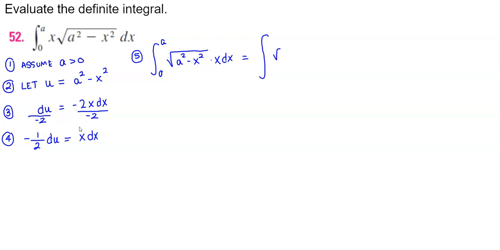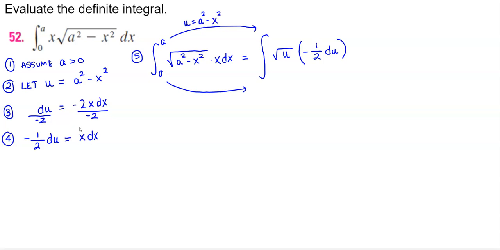So we know that we have the square root of u, and we know that x dx is going to equal negative 1/2 du. And so now we need to change our upper and lower bounds according to what we substituted for u. And we know that u is going to equal a squared minus x squared, right? So what does that mean? That means we have to substitute x to be the value of a. So let's go ahead and do that.